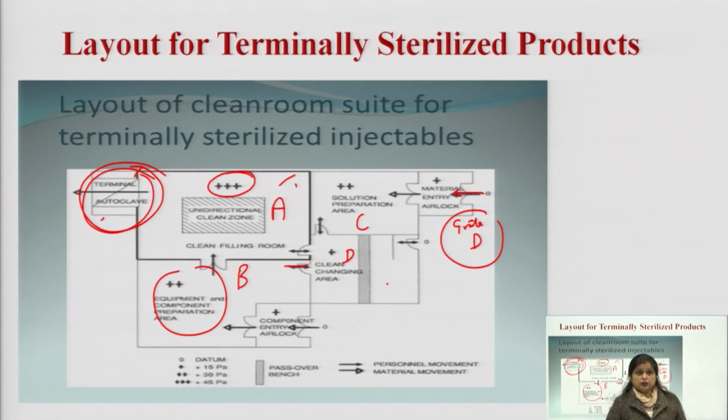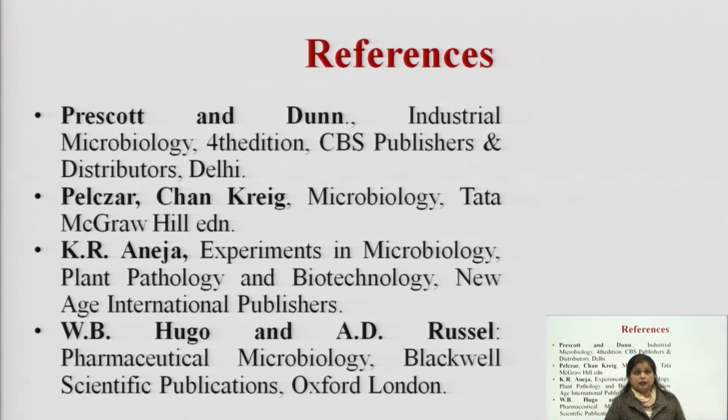So, we have studied the sterilization part and how we can design the aseptic layout based on terminal sterilized products, as well as in-process sterilization, and how the layout differs for terminal and in-process sterilization cases. The movement will be different for materials and for the personnel.